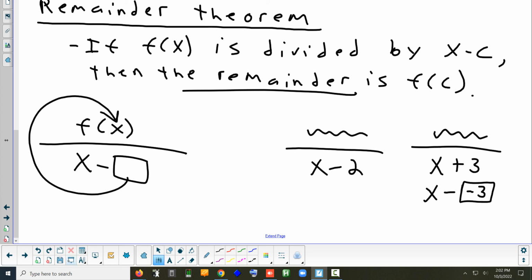Yes, you could. X minus, now what would come after the minus sign? Minus 3. So now, if you plugged minus 3 into the top, you could quickly find the remainder. So technically, this trick works if it's x minus a number or x plus a number. You just have to be careful if it's plus. Right, you got to kind of switch it.